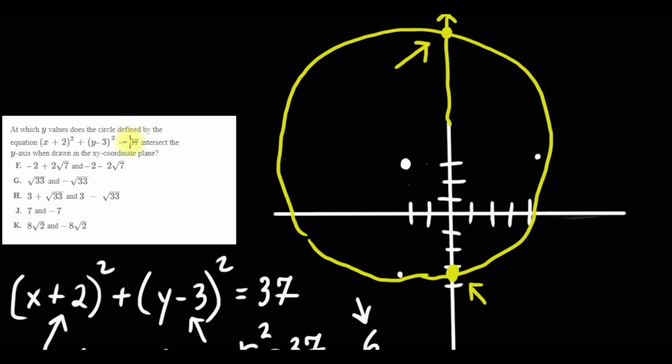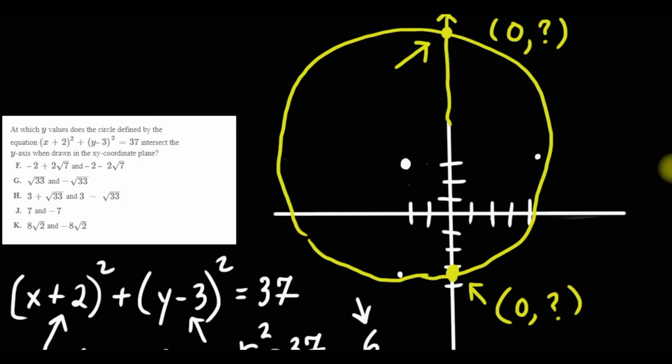Given the equation, what is the x value? We have to know the x to get y. What would be the x value for this location here? Well, the x is going to be 0. And here you have (0, y), and we don't know what y is, so we're trying to find that out.